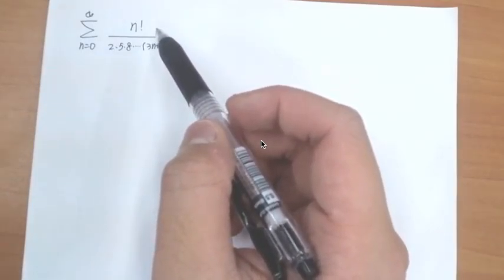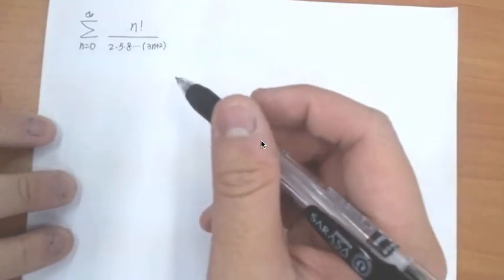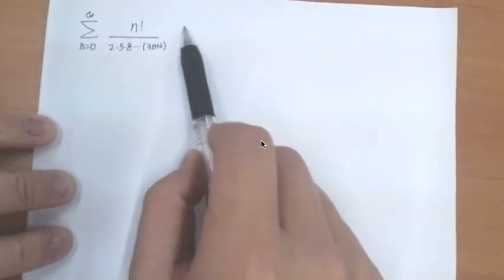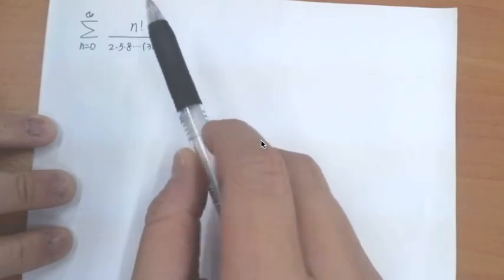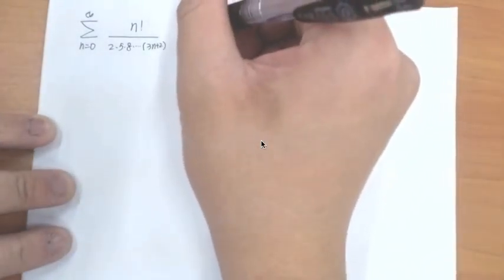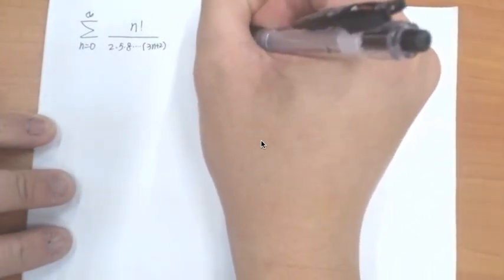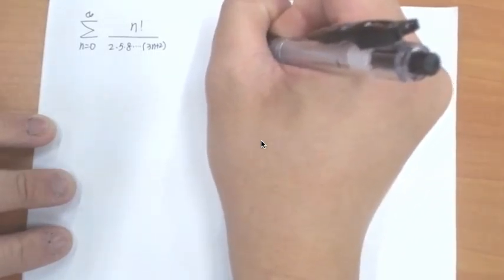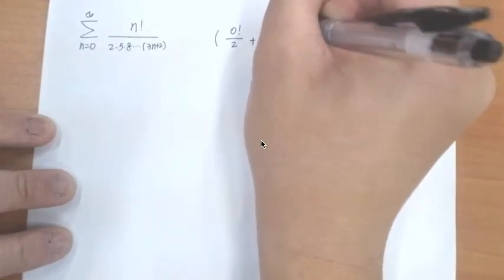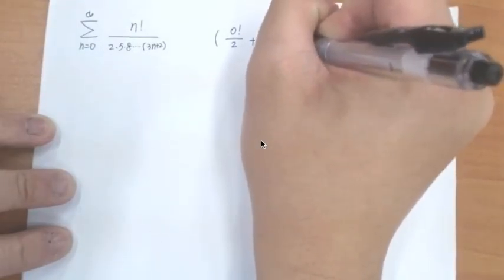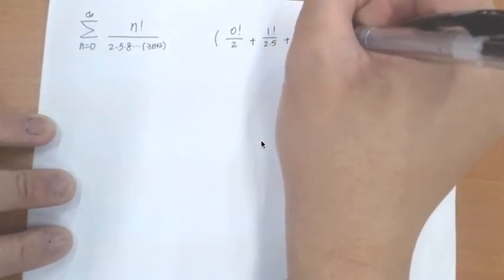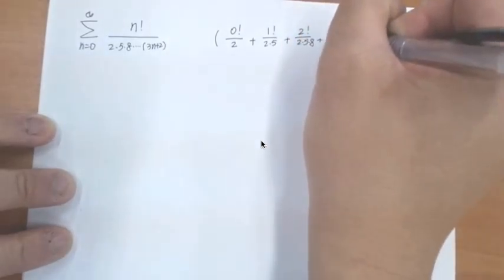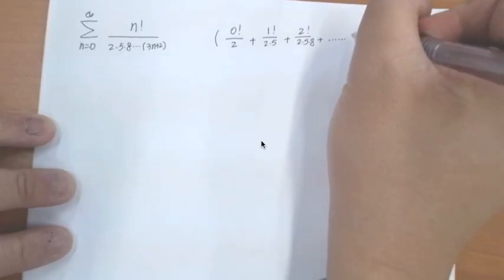So we are going to test if n is approaching infinity, will this whole thing approach 0? For each term, the first term is 0 factorial over 2, the second is 1 factorial over 2 times 5, and the third one is 2 factorial over 2 times 5 times 8, and so on.